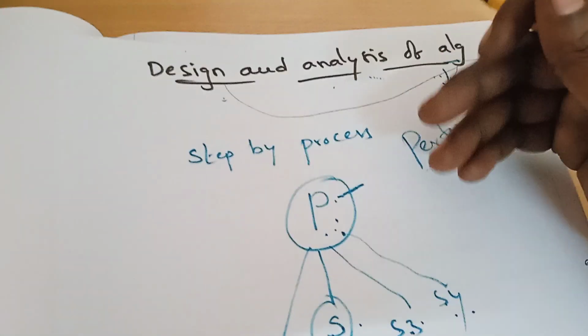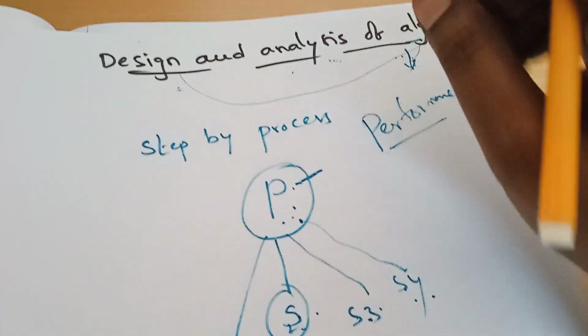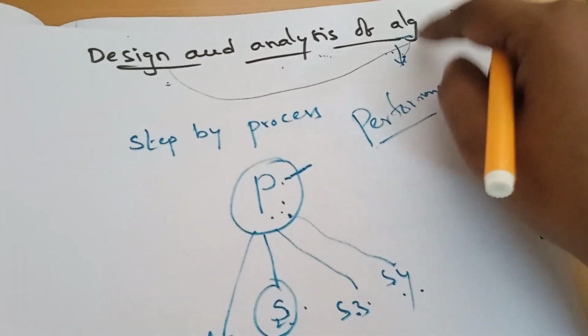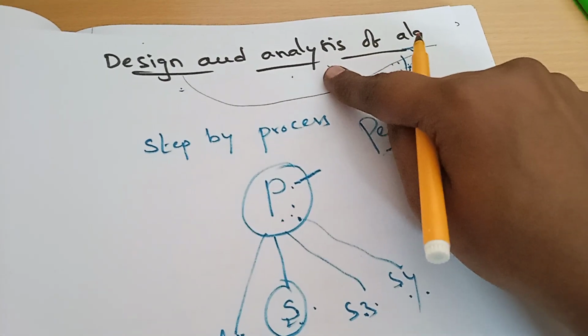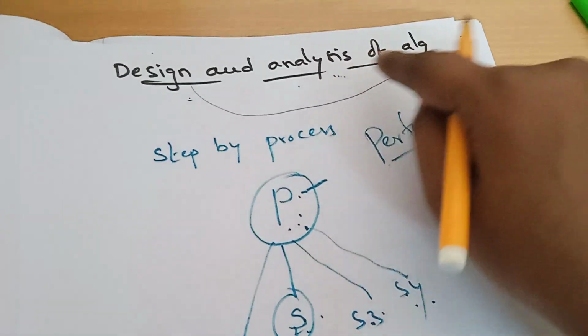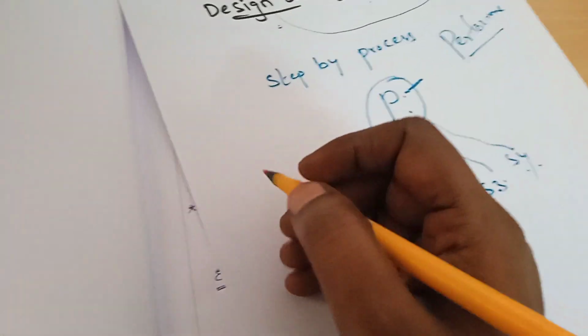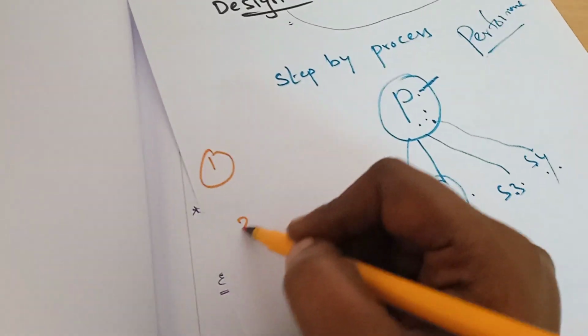Now, in how many ways can an algorithm be written? It is true that we'll design an algorithm, and we'll calculate the performance, and this performance will get analyzed. But how many ways can an algorithm be written? Usually algorithms can be written in two ways.